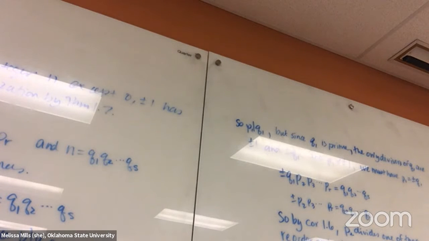So P S plus 1 equals plus or minus 1. But by the definition of prime, it had to be a number that was not plus or minus 1, right? So P S plus 1 is not prime. And there's my contradiction. Okay.